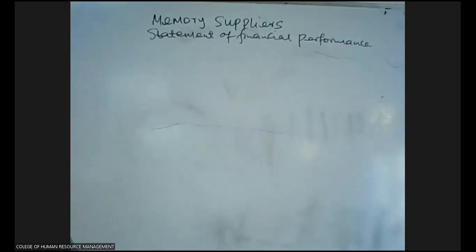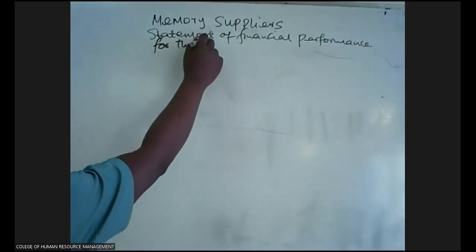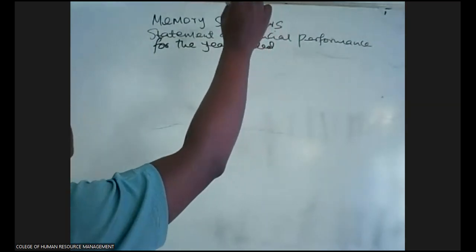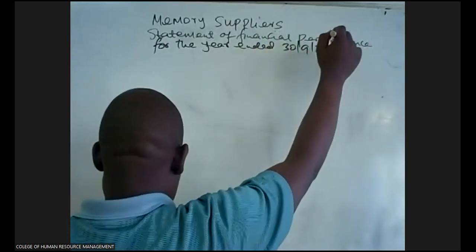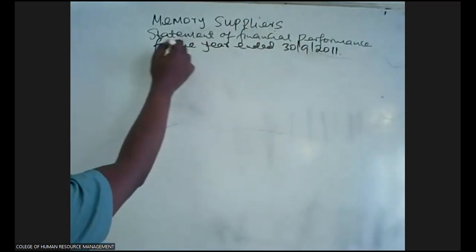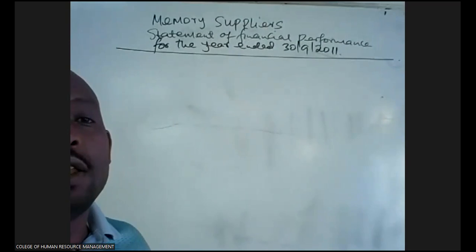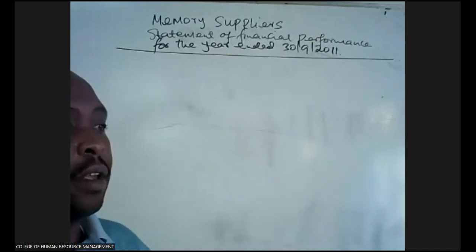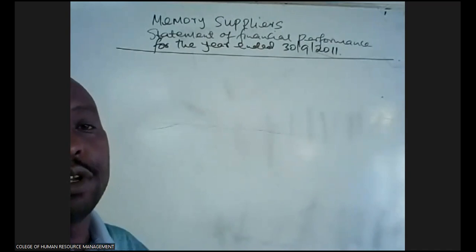The statement of financial performance or the income statement is normally dated for the year ended. That is the difference. For the statement of financial position, we write as at, but this one we normally use for the year ended. Then we capture the date, which is always in the question.